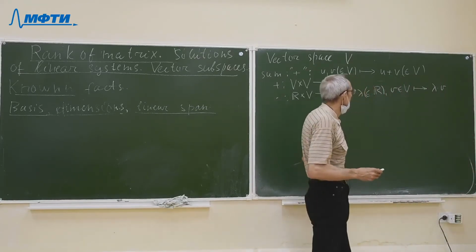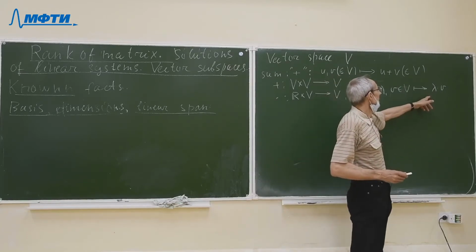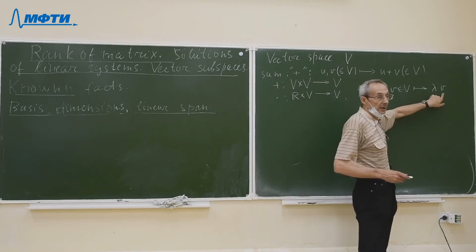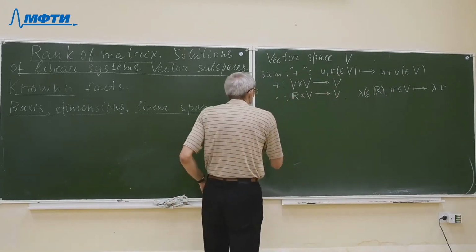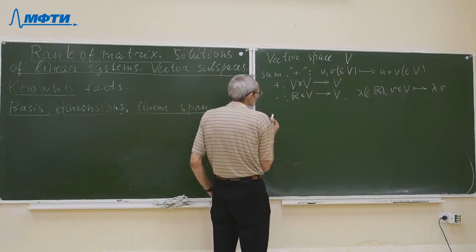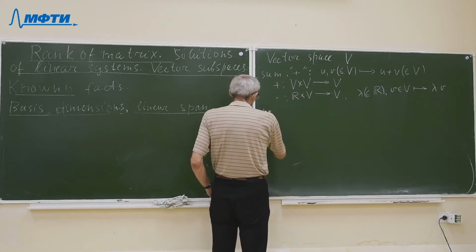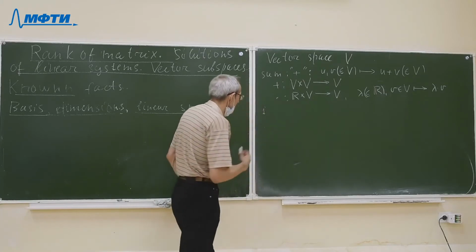We call this vector the scalar product of scalar lambda and vector v. And we have the following eight axioms.